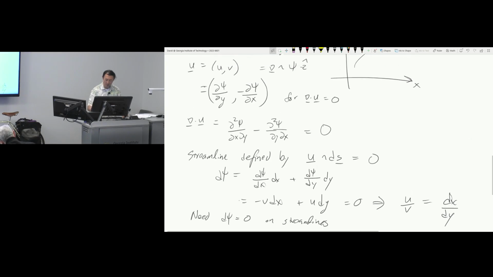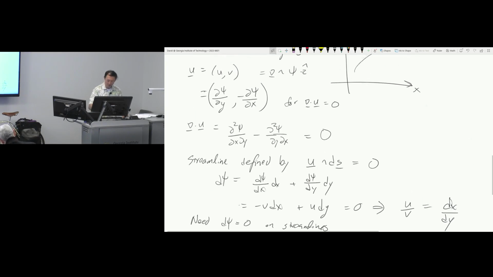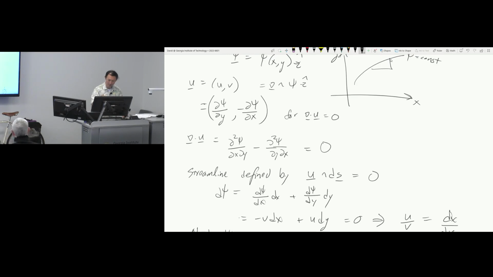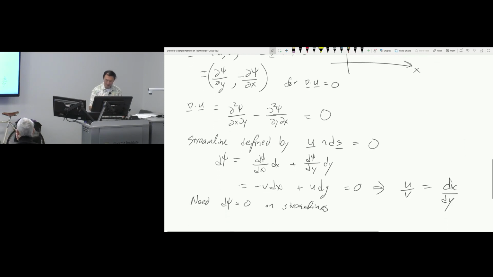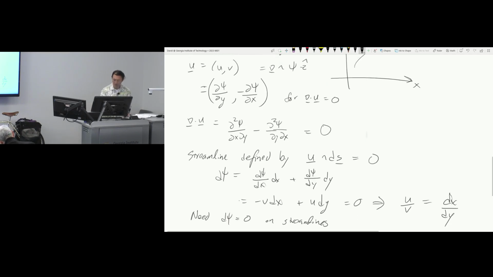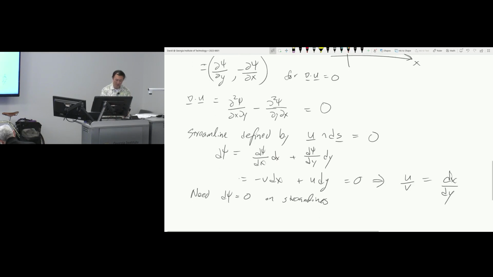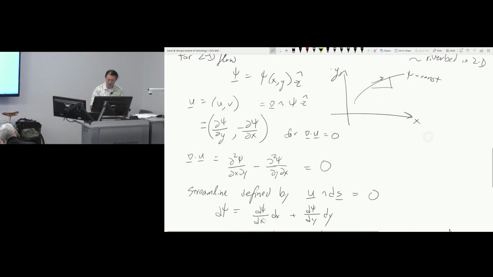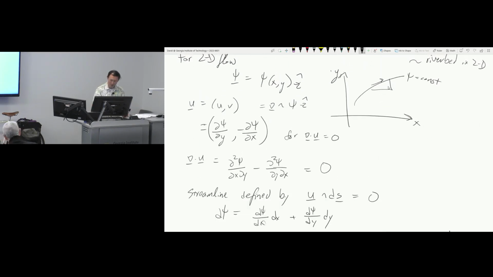Physically, that corresponds to a line where the slope is given by the ratio of the horizontal and vertical velocities. So that's why the streamlines are parallel to the velocity field. If I were to draw that here, we'd have psi equals a constant. This is dx, and this is dy.